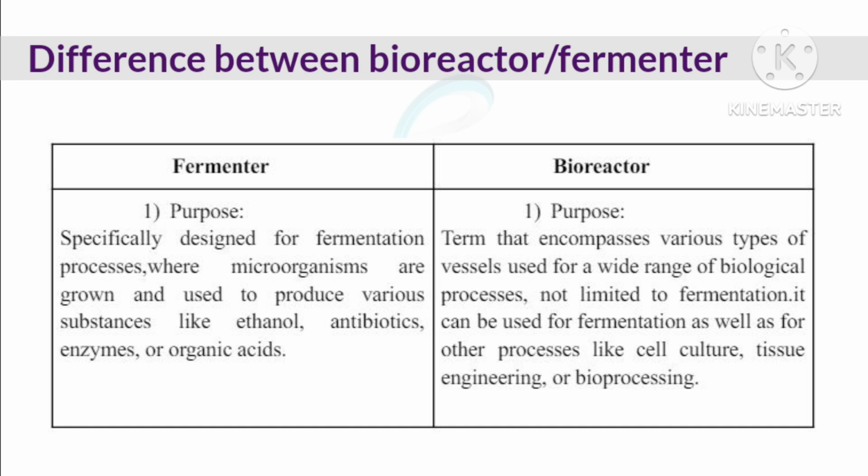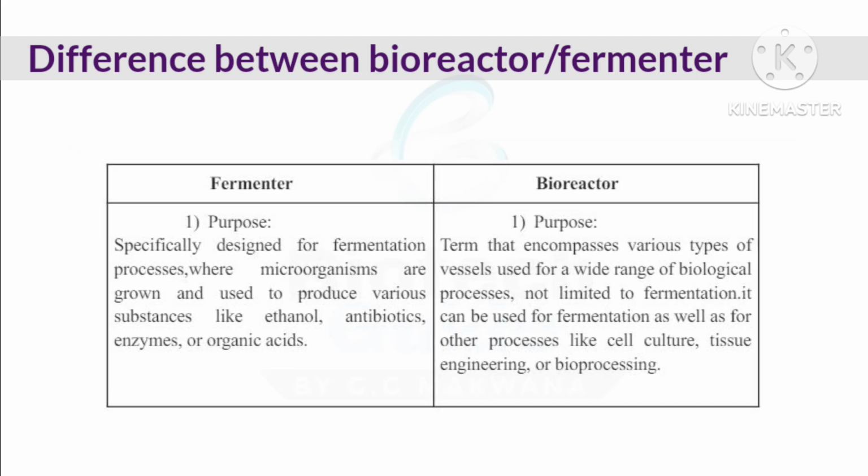Whereas a bioreactor is a more general term that encompasses various types of vessels used for a wide range of biological processes. Not limited to fermentation, a bioreactor can be used for fermentation as well as for other processes like cell culture, tissue engineering, or bioprocessing. So the major difference is that a fermenter is designed specifically for fermentation processes, whereas a bioreactor is for biological processes.